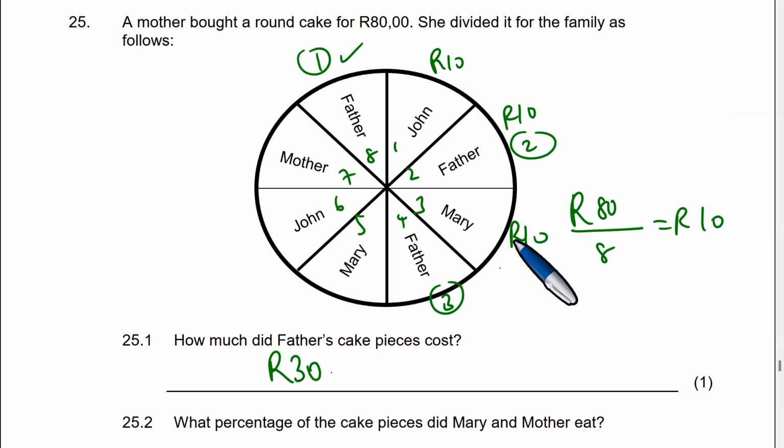Mary ate how many parts of the cake? 2 parts. The mother got how many parts? 1 part. So if you look at both Mary and mother, how many parts did they both eat? They both ate 3 parts.